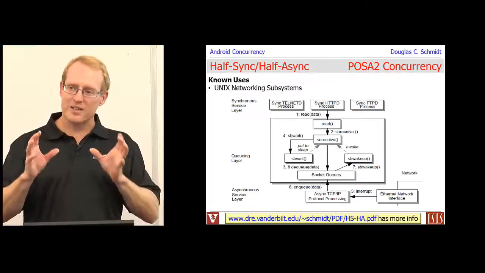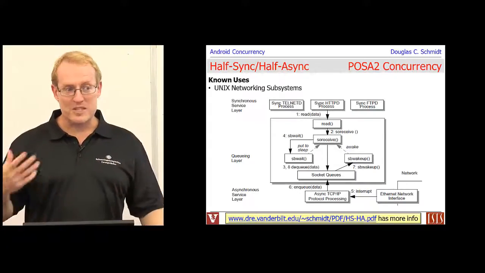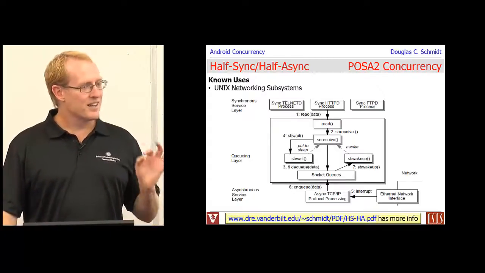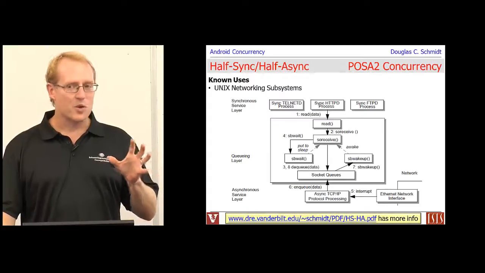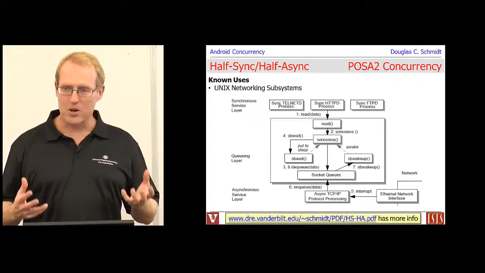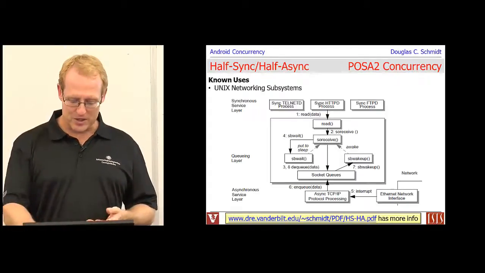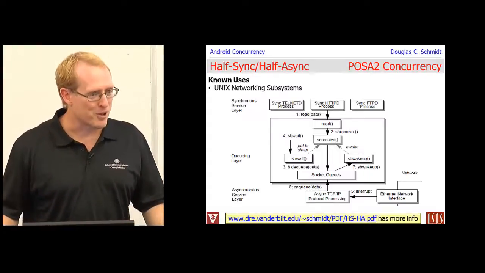As I was looking at the different stuff I was doing, I started to notice common themes. But the place it really showed up the most was in the operating system. If you read literature about operating systems from the 80s and 90s, what you found was that the operating system kernel was developed quite differently from the user level. If you take a look at this paper down here, you'll get more than you ever wanted to know about operating system kernels.